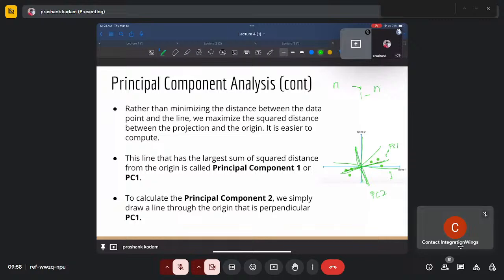When we say that X1 has high variance, it means that when you take the mean of that particular feature, and subtract each data point from the mean and sum it up, it's going to be a high value. So the data is not distributed closer to the mean. And when you have low variance, it means that all the data distribution is closer to the mean.